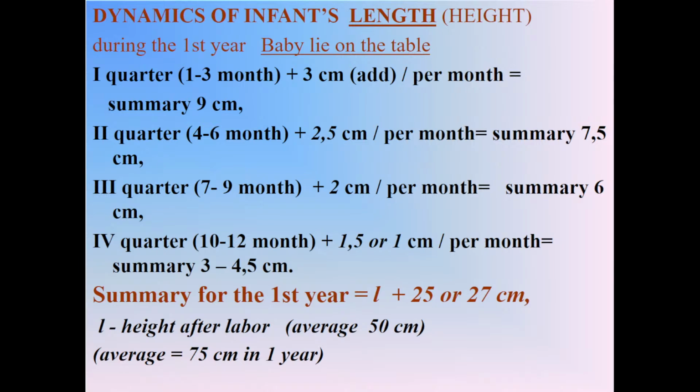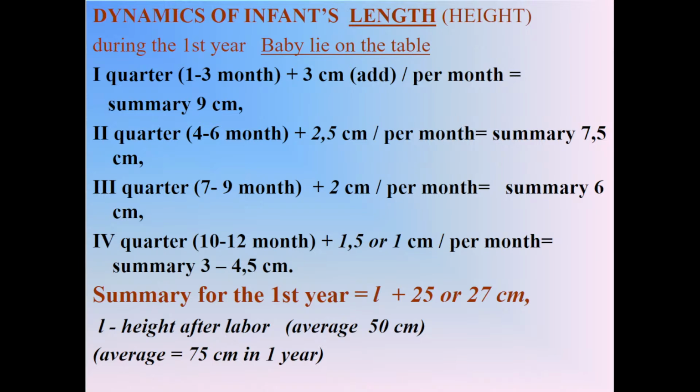The second quarter is from 4 to 6 months old. Every month the baby increases height by 2.5 centimeters. In summary, for this quarter of the first year of life, 7.5 centimeters.